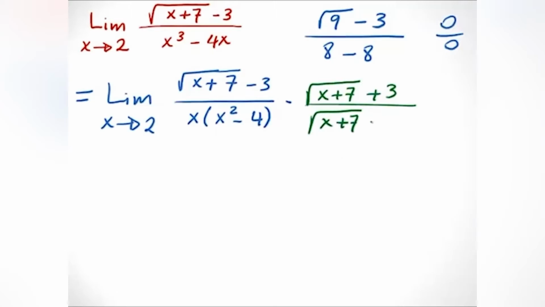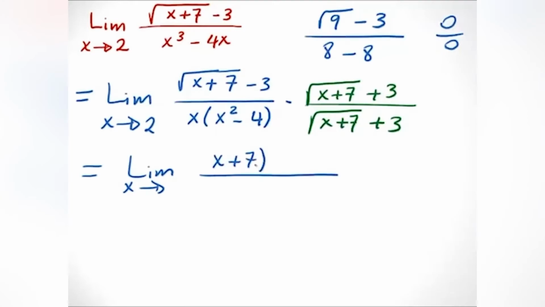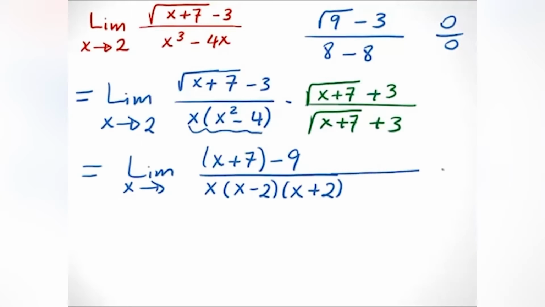Now when you multiply the numerators, it just becomes a product, the difference between two squares. So the first squared is x plus 7, minus the second squared, which is 9. And I can factor this. This is just x times x minus 2 times x plus 2, and the whole quantity times this square root of x plus 7 plus 3.